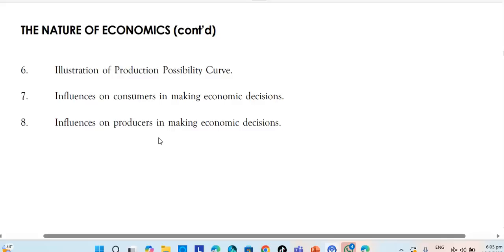Producers have to make decisions on how much to produce. So high demand leads to increased output to maximize profits. They have to make a decision on setting price. Strong demand can allow for higher prices, as we have been saying.